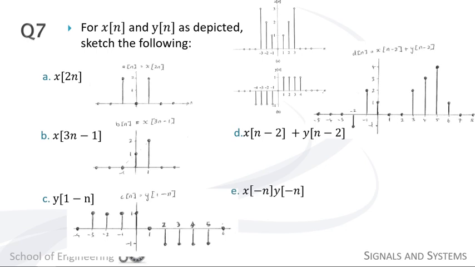And the last one, what would that be? What are we doing there? Yeah. So x[minus n] means you flip it, right? But if you look at x, it's an even function, right? If I flip it, it's going to look the same. Whereas we're also flipping y.